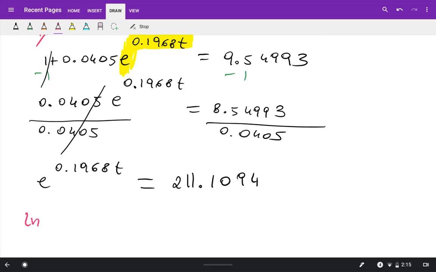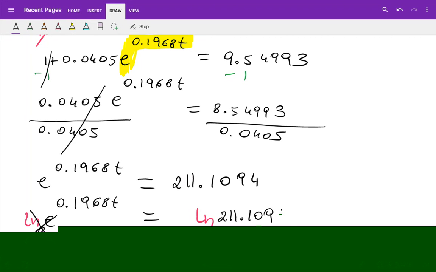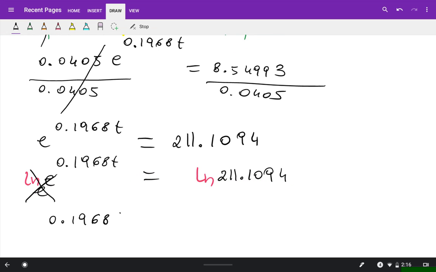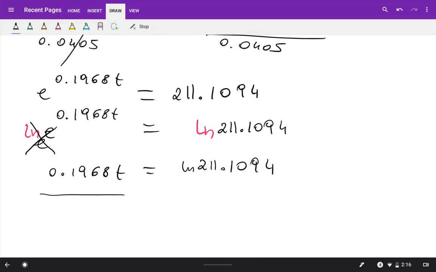So we're applying ln to both sides, and we're getting ln of e to the power of 0.1968t, which will cancel, equals ln of 211.1094. So we have 0.1968t equals ln 211.1094. And the last step, divide each side by 0.1968. Again, be patient with those equations.